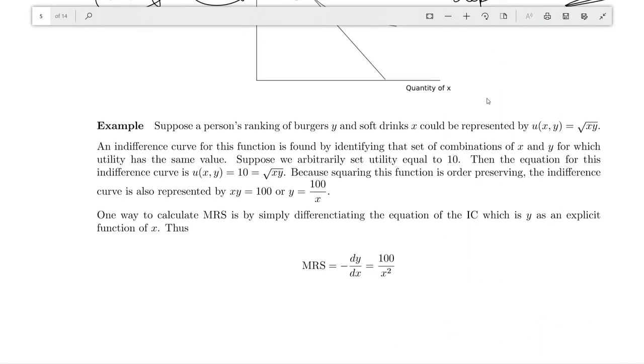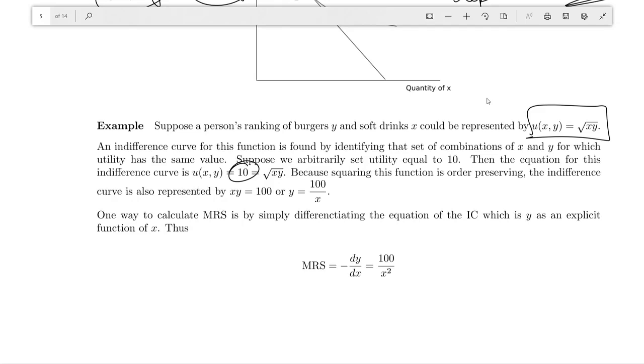So let's do one last example. Suppose the utility function is under root xy. So a particular utility level is 10. Okay.